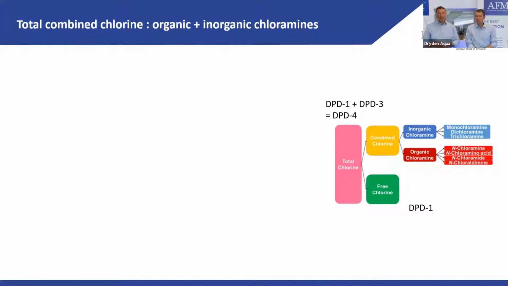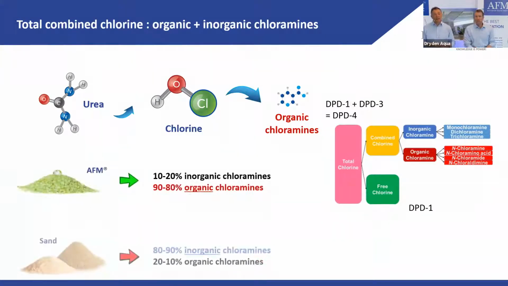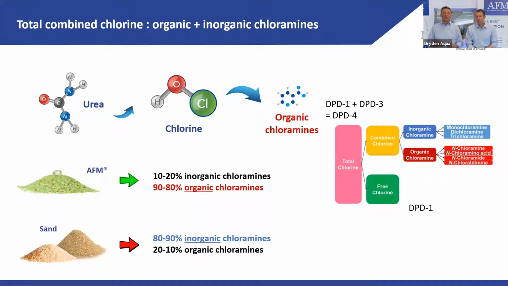Now, the next thing that we already mentioned, you have two kinds of combined chlorine. You have inorganic combined chlorine, which is mono-, di- and trichloramine, and you have organochloramine. Organochloramine is formed if you have urea together with chlorine. I think the key takeaway here is that with AFM, urea stays urea.